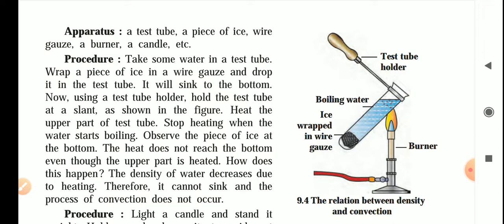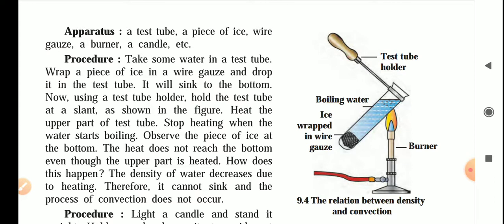Why is that happening? Because as we heat the upper part of the test tube, only the water in the upper part will be heated, and as its density decreases it won't move downwards, because the density of the cold water in the bottom part will be higher than the density of the water in the upper part.